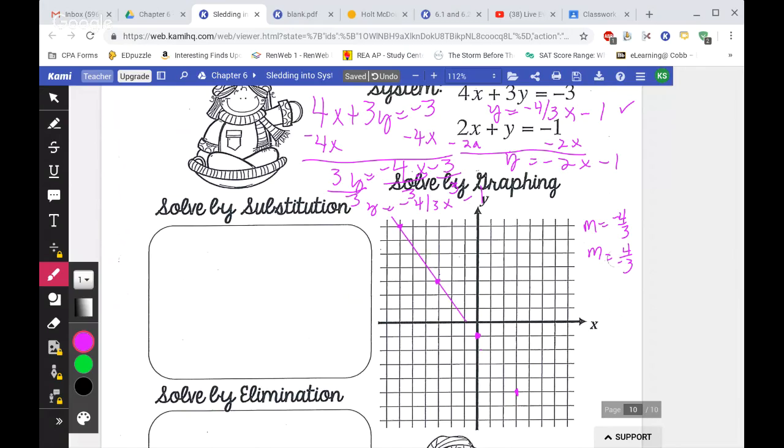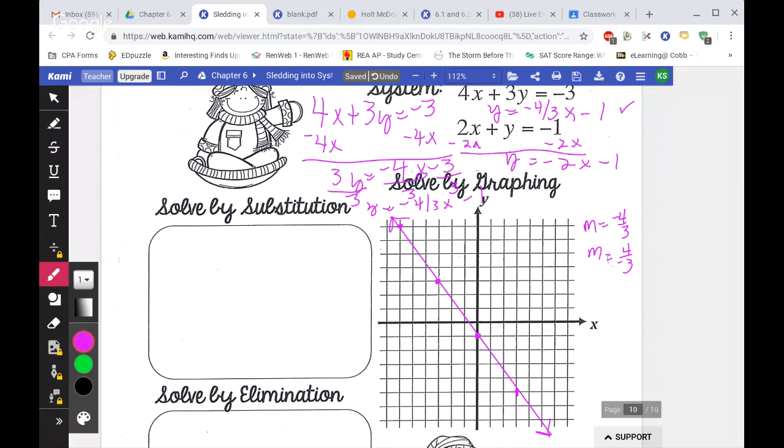So down is negative and right is positive. Just to confirm, I have a negative slope, so my line should be falling from the left to the right when it's negative. And it is. So at least as far as that being a check, that's right.